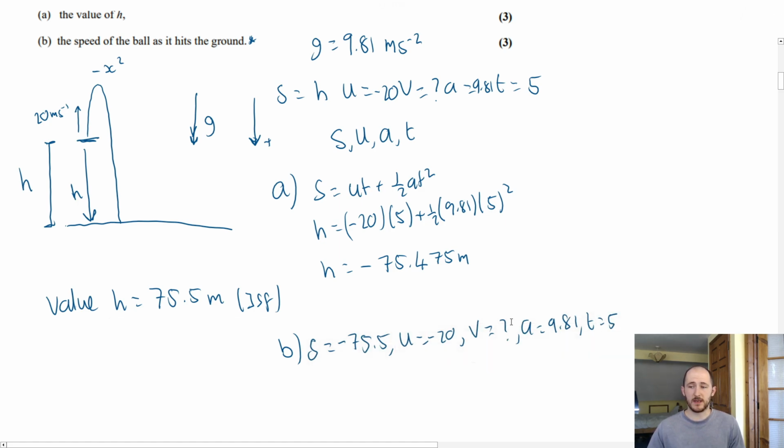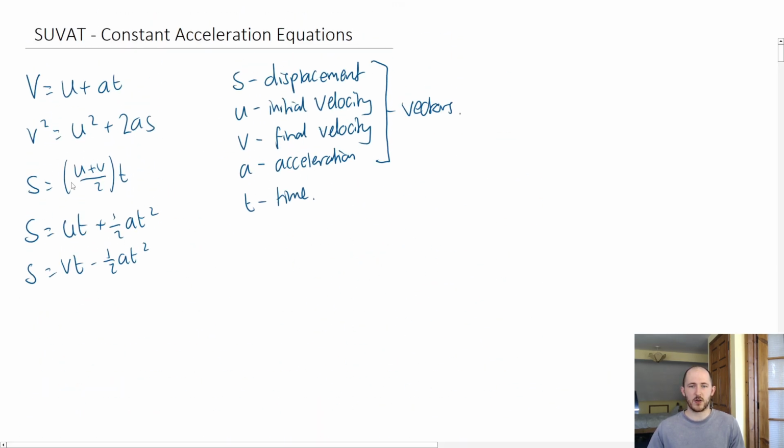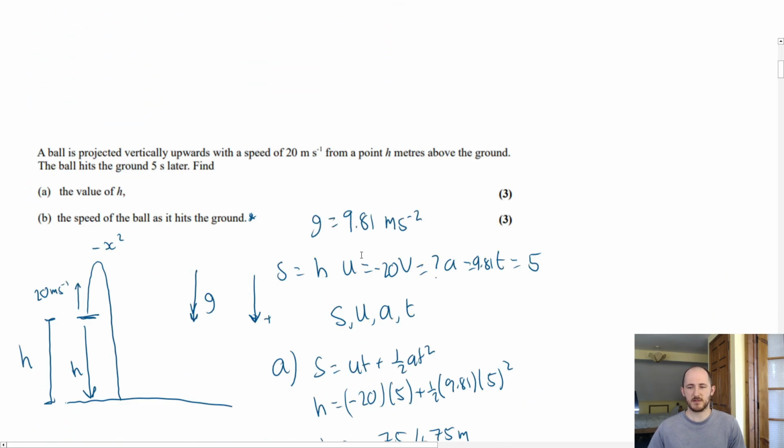So technically speaking, we can use any equation, and we'll get the right answer. So you could use v squared equals u squared plus 2as, you could use s is vt plus half at squared. I mean, you couldn't use these ones, but all you have to do here is think about what's the easiest. Well, in my opinion, the easiest is definitely one of these two equations. And it's up to you what you want to use. I'm going to probably choose the first one, because it's a bit smaller.